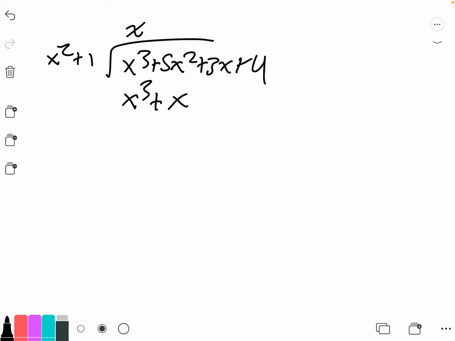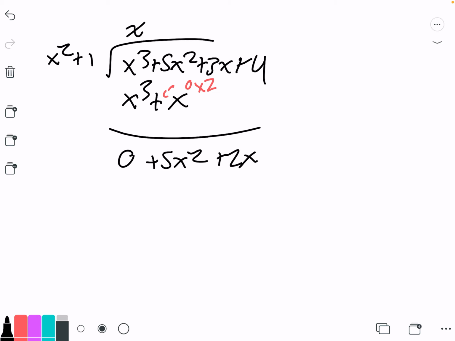And now, remember what happens when we don't have an x squared term while subtracting. So since we're subtracting these two polynomials, we're going to pretend as though we have a 0x squared here. So what we can do is we get 0 plus 5x squared, because we're subtracting a 0, plus 2x.